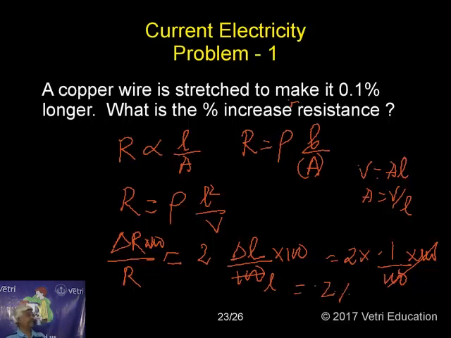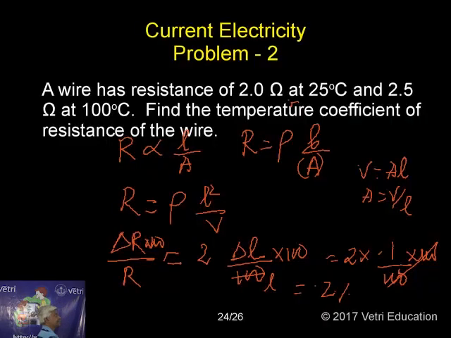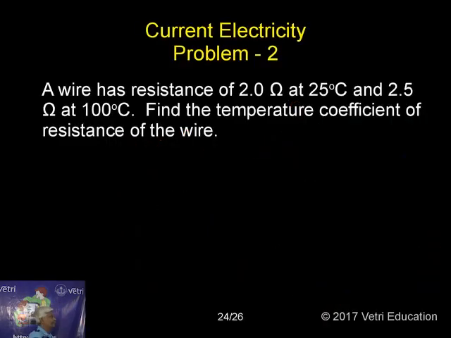So if the wire is stretched by 0.1%, its resistance increases by 0.2% because of L squared. Delta L by L into 100: simply the value is given, so we can put it in. Here the value is given in terms of percentage, 0.1% means 0.1 by 100 into 100. This is the procedure. Are you clear now? So there is an increase in resistance in terms of percentage.